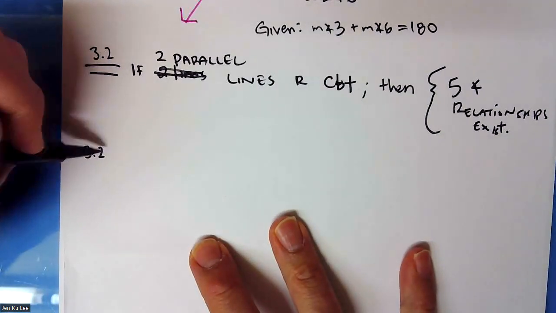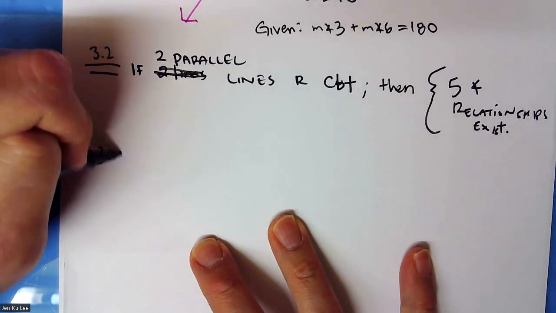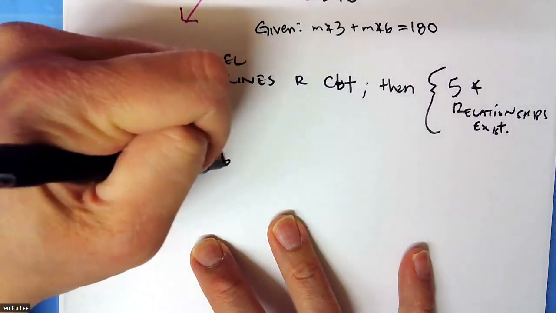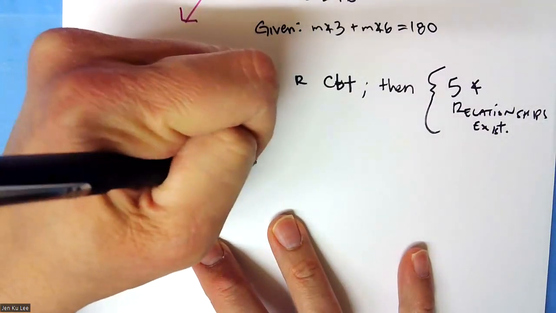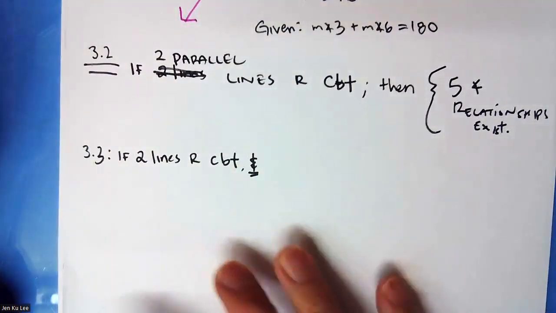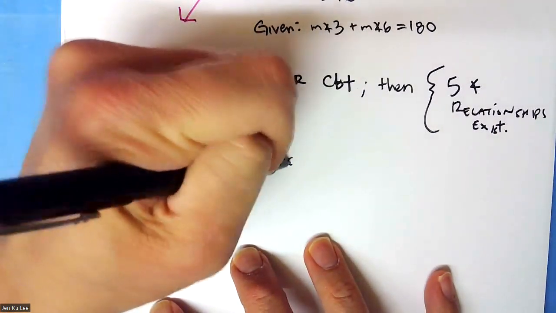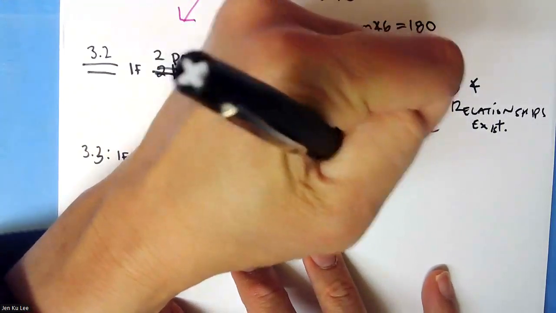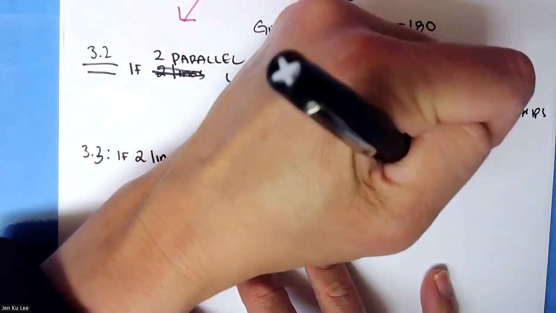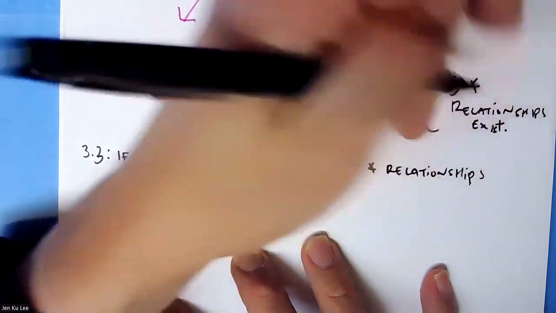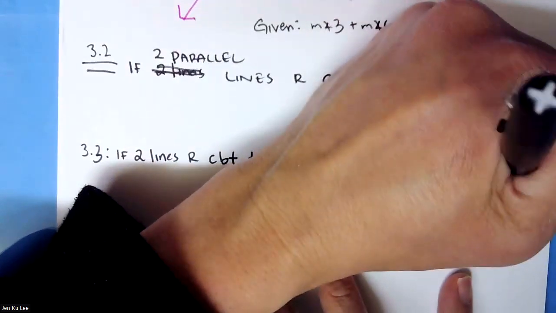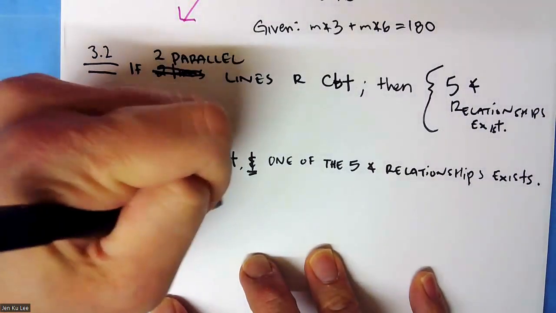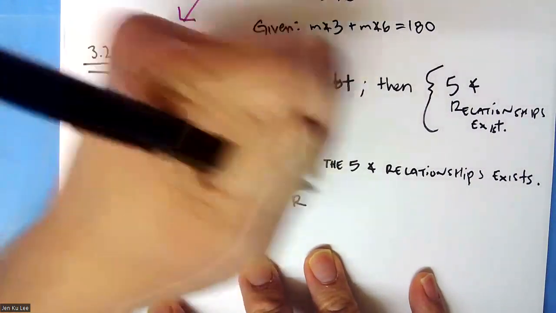Well, this section, 3.3, says if two lines are cut by a transversal, CBT, and this is an important thing, and at least one of the five angle relationships exists, then the lines are parallel.